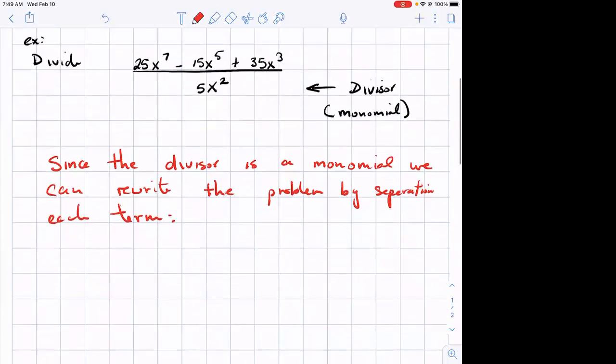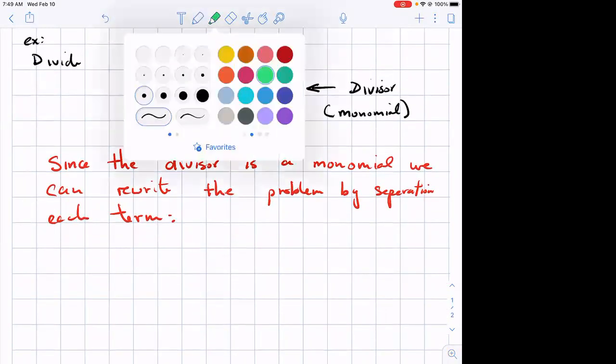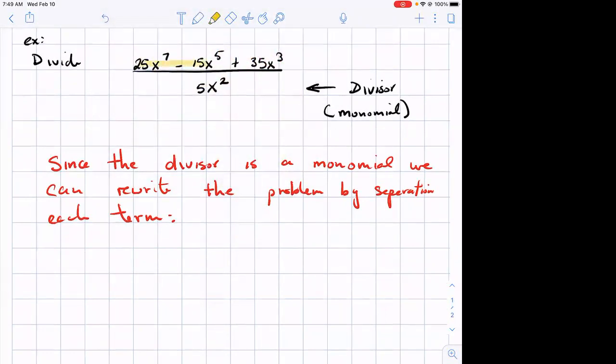What I'm basically saying is that we're going to separate the numerator.